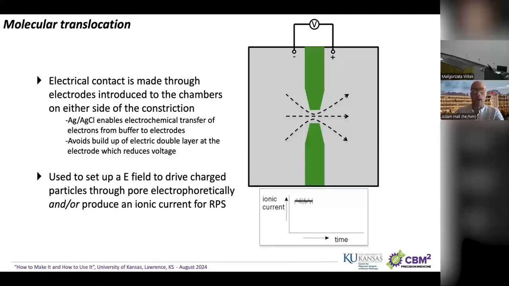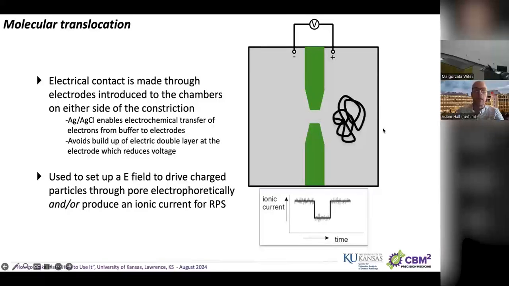And so in the case of what we're talking about, charged molecules that you want to analyze, that electric field, which also, by the way, sets up the ionic current that you can see down here at the bottom, has the ability to electrically pull those charged molecules through that aperture and then spit them out on the other side.